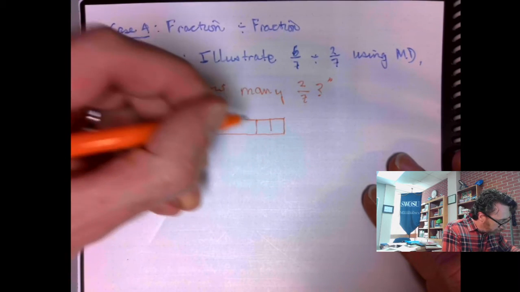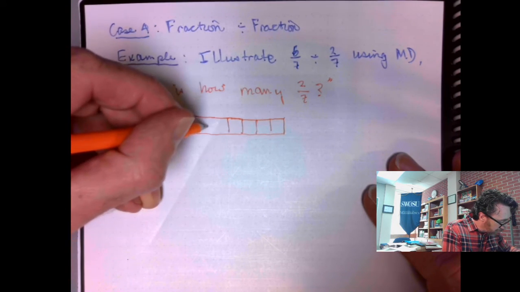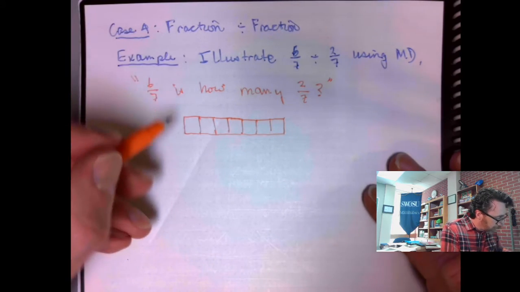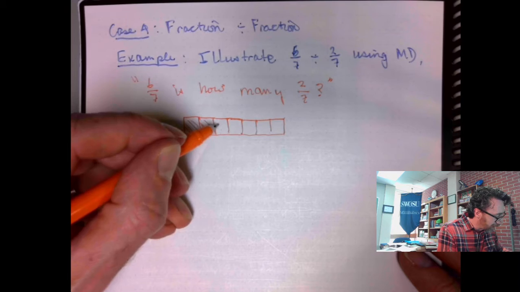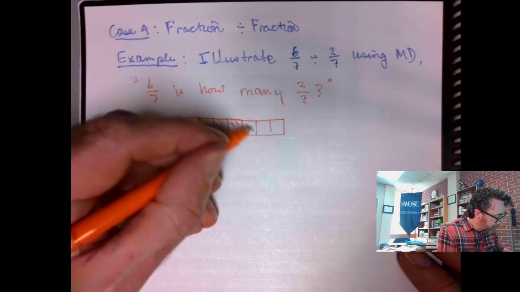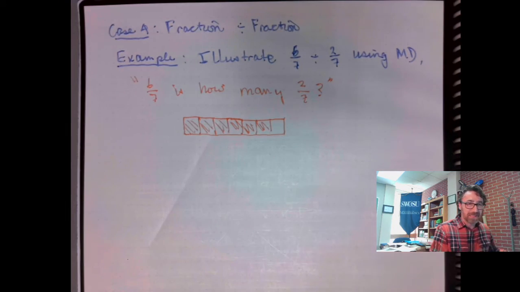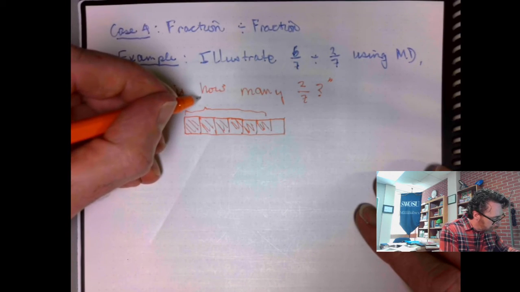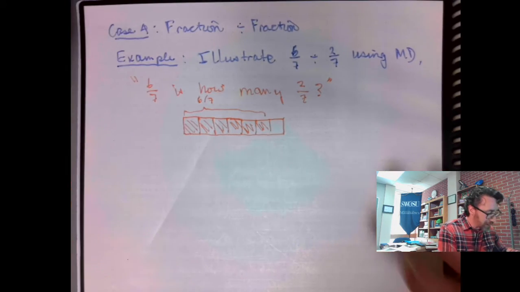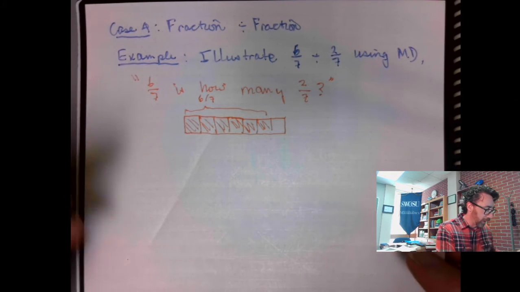So I'm taking my bar diagram, I divide it into 7 pieces. I'm talking about 6/7 and 2/7. So that's 6/7 right there. The shaded squares represent 6/7 of the total diagram.